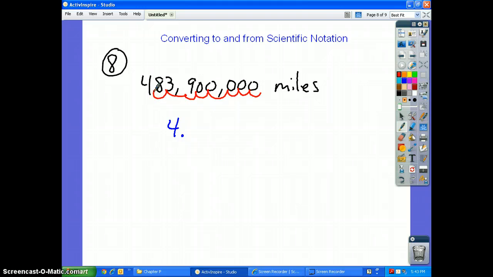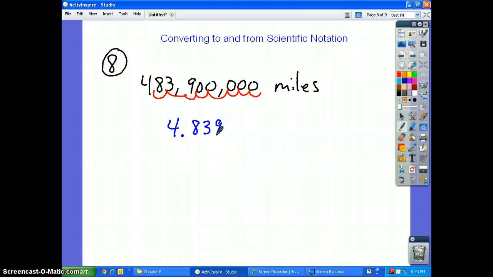As I go through, I have 1, 2, 3, 4, 5, 6, 7, 8 numbers behind that decimal, and that will represent my exponent. As I write this number, I cannot lose any digits that are considered significant digits.